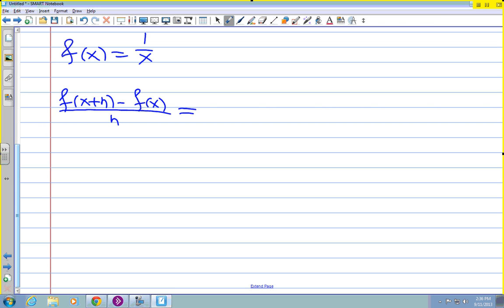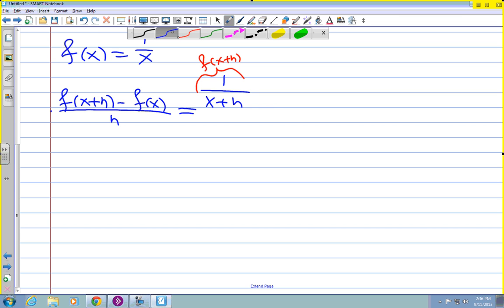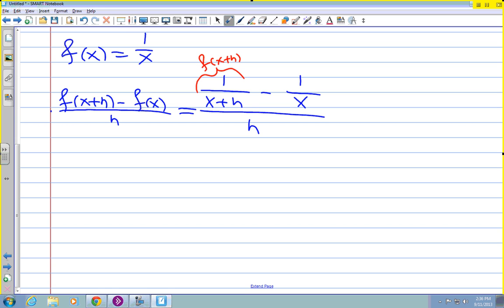So if I'm asking what is f of x plus h, I'm just asking what is the reciprocal of x plus h, and that's 1 over x plus h. So that's the f of x plus h, given that 1 over x is our function, minus the original function, all over h.